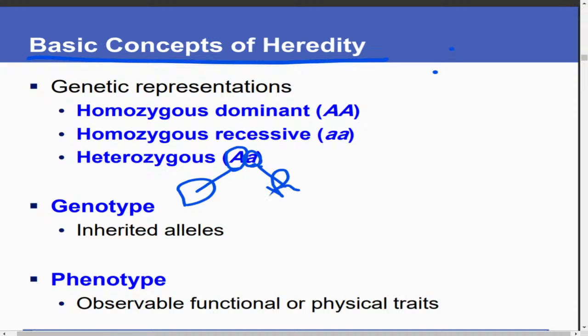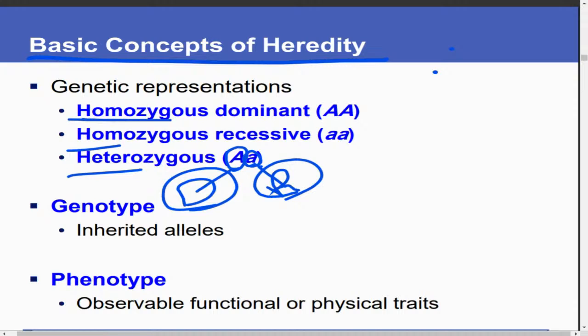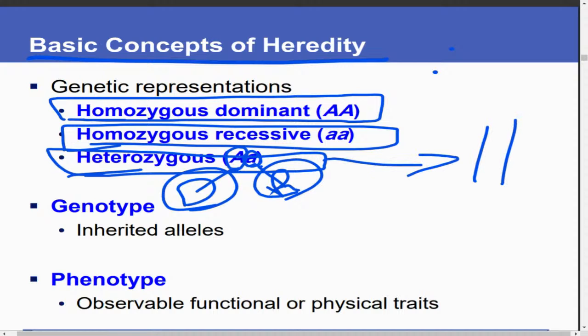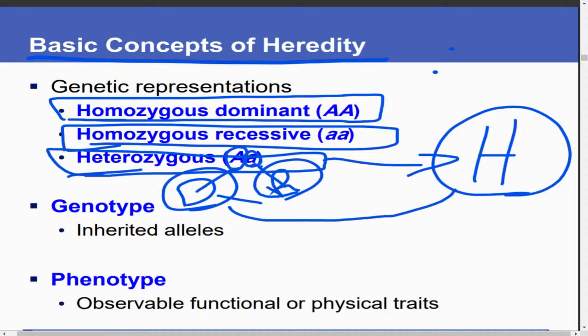That's why it is a heterozygous, not a homozygous. And of course this one is a dominant homozygous, and this one a recessive homozygous. The heterozygous is neither recessive nor dominant, it is only heterozygous, and of course it is going to take the physical form of the dominant allele.